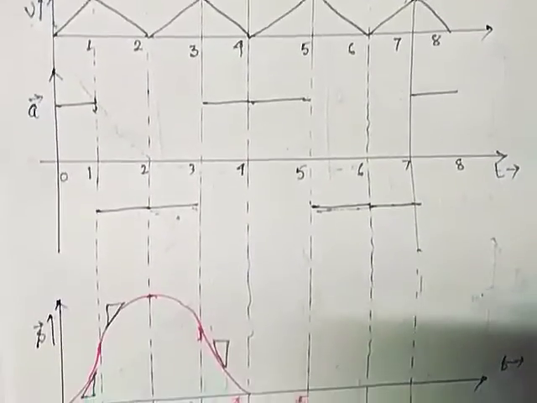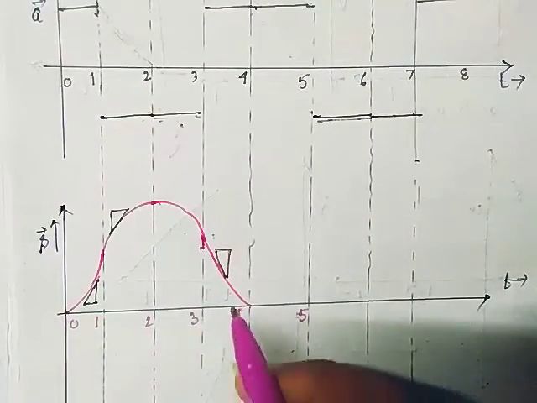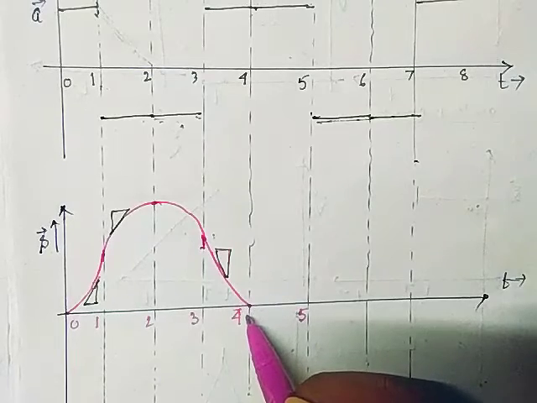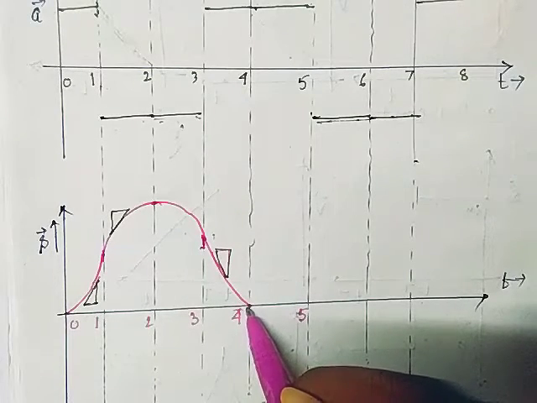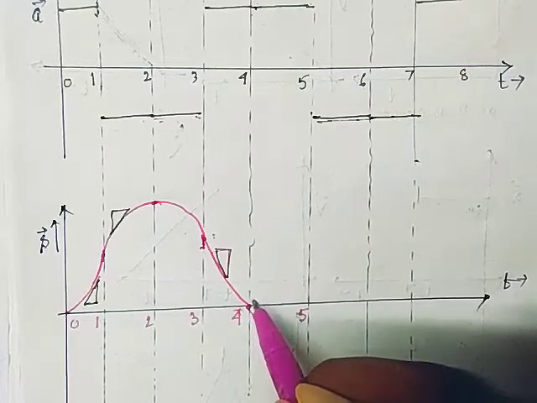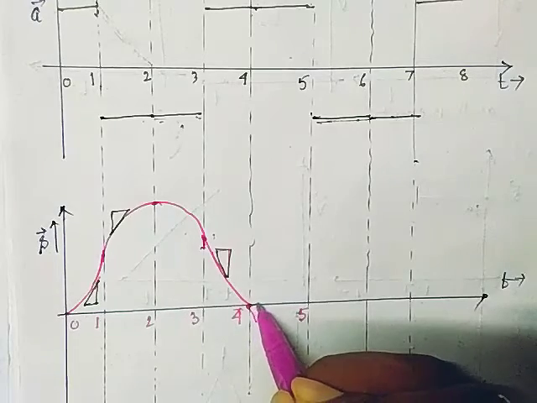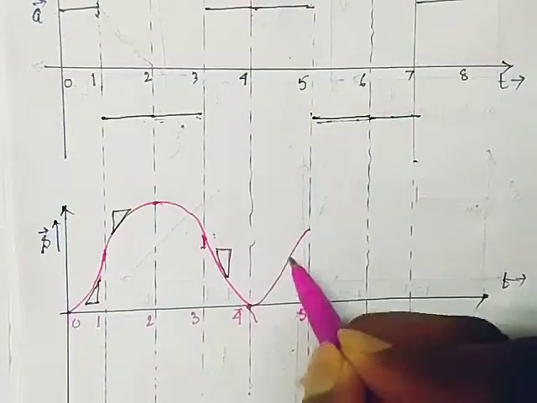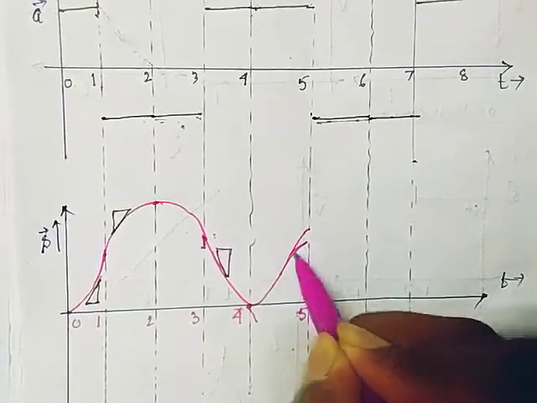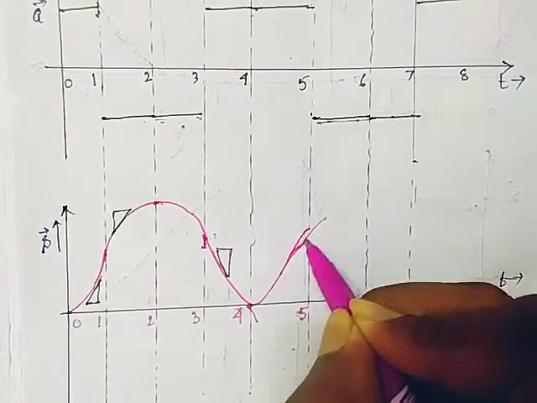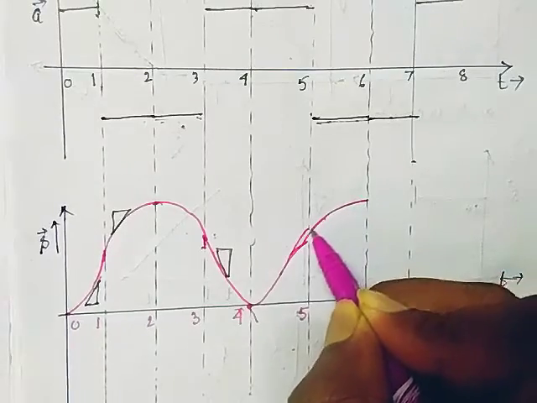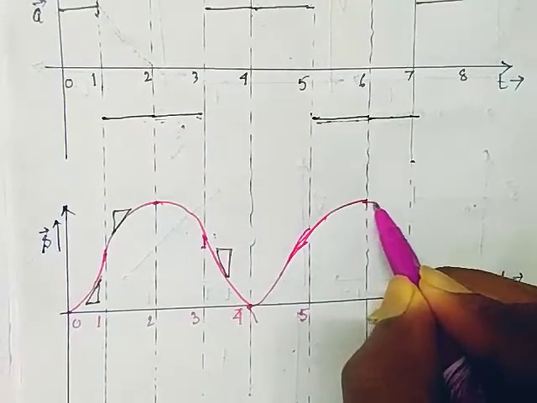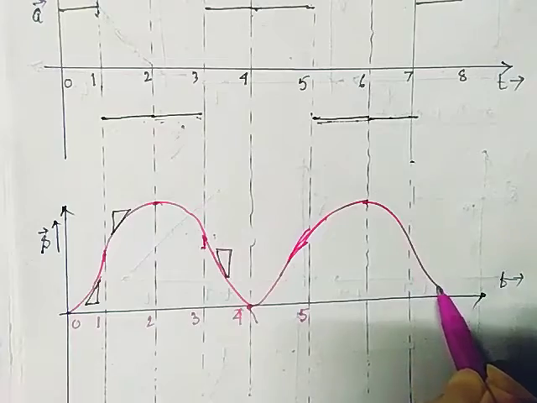If we continue in a similar manner, then it will not be on the negative axis, but it is again increasing like this. From 4 again increasing like this. After it is increasing, again the slope decreases like this.